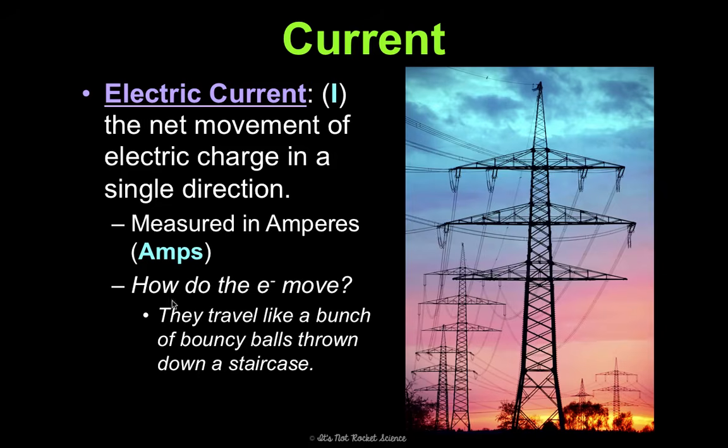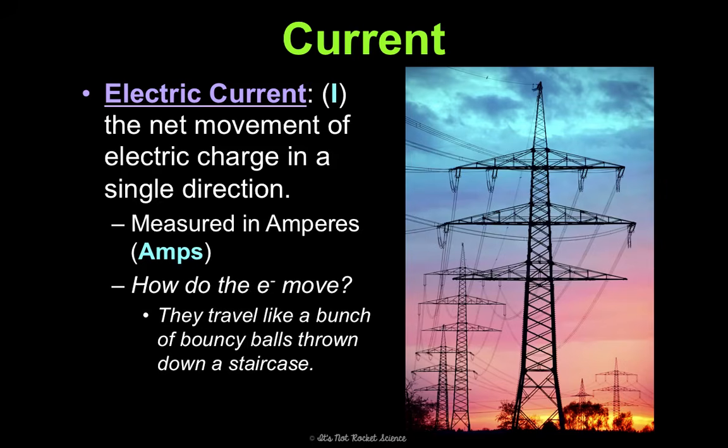And here's what's kind of interesting too about this unit amperes, just to give you some perspective. 1 ampere is 6.24 times 10 to the 18th electrons flowing past a given point every second.